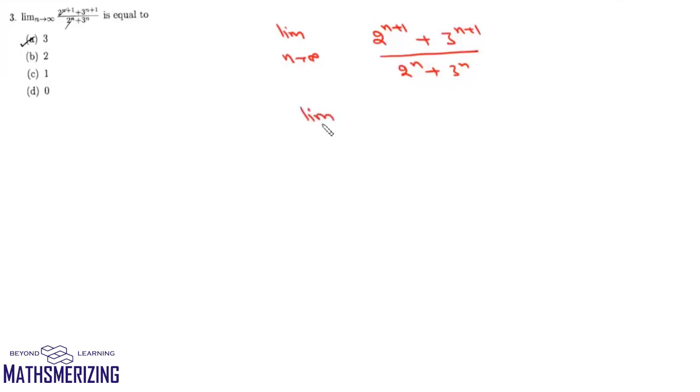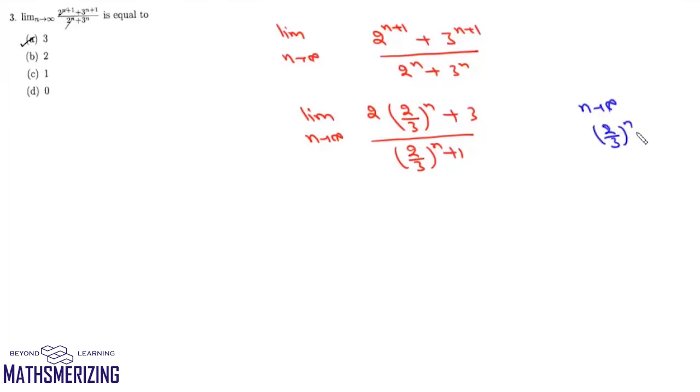So we can write this as limit n tends to infinite of (2 into (2/3) to the power n plus 3) upon ((2/3) to the power n plus 1). As n tends to infinite, (2/3) to the power n tends to 0. So the value of this limit will be simply 3, and that's your option number A.